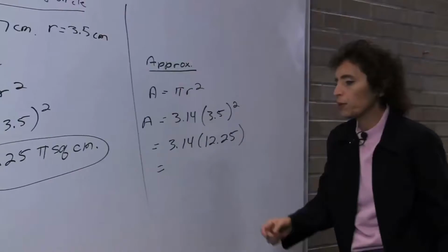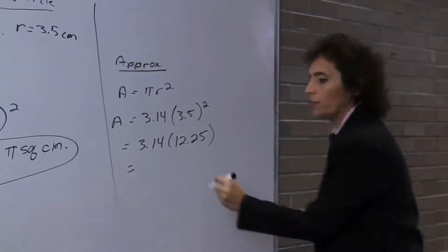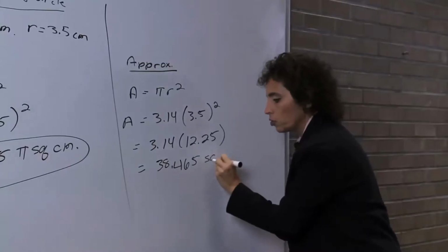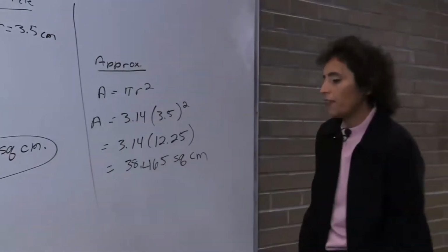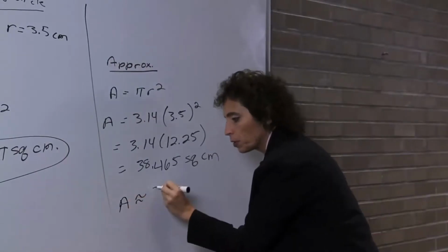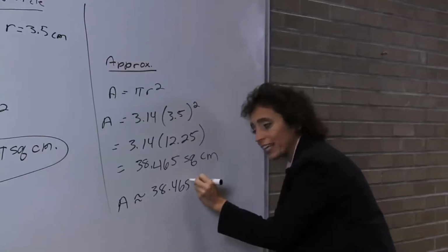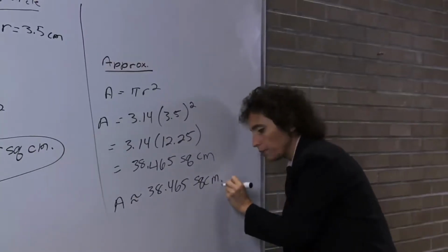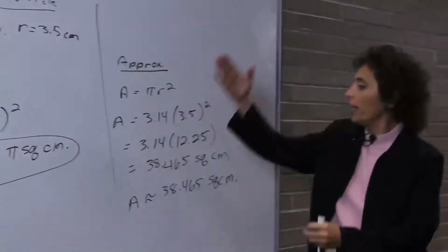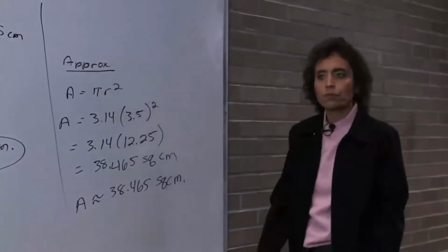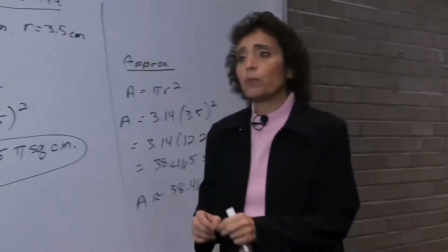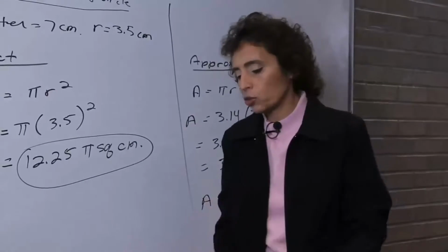And when you multiply 3.14 times 12.25, you get 38.465 square centimeters. And this is an approximate answer because remember, we approximated pi from the get-go. Okay? So that's the difference between exact and approximate. Leave pi in, exact. Take pi out, approximate. Okay? Pretty cool. All right. Let's use some common sense as we look at this next question.